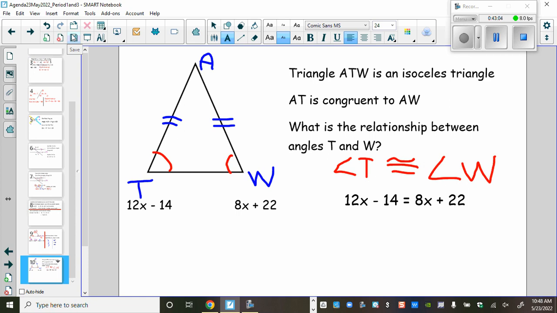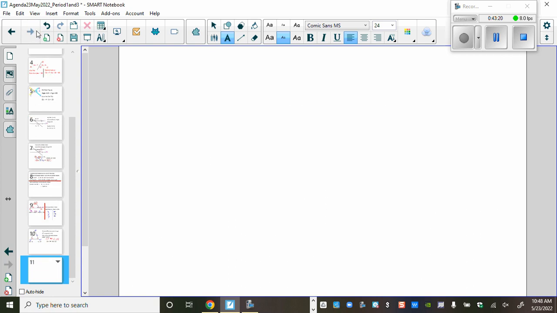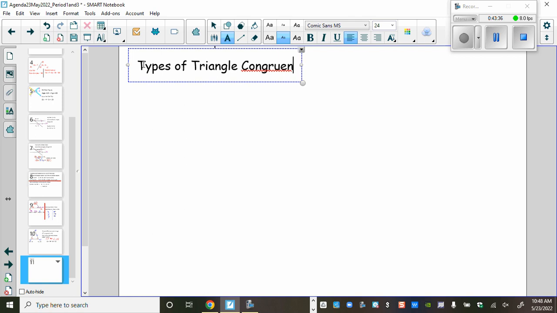All right, something else I want to talk about. Other things that we really need to start talking about, because I know we don't have that much more time, are types of triangle congruences.